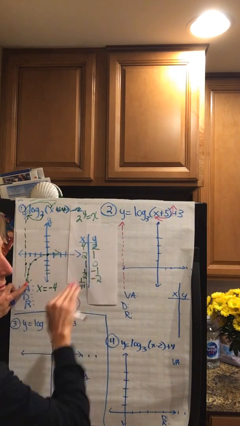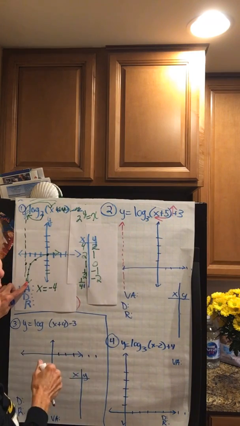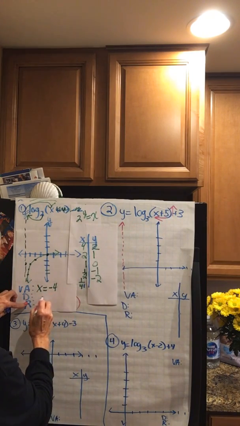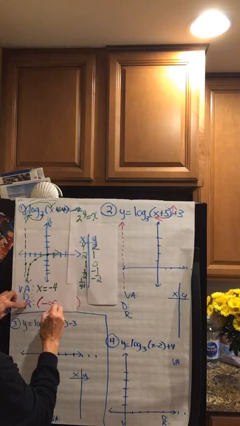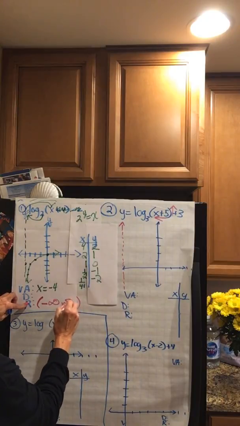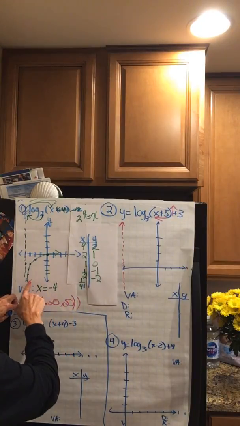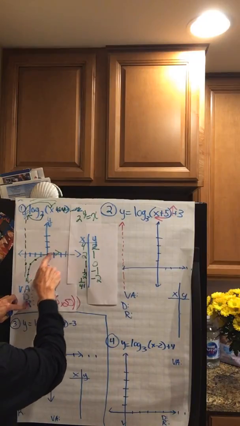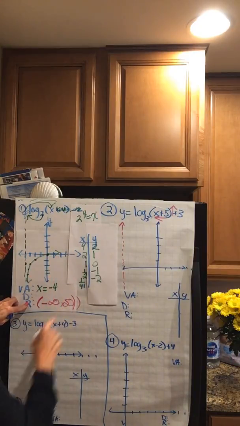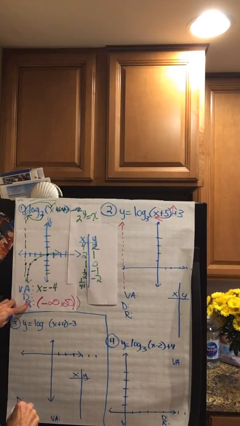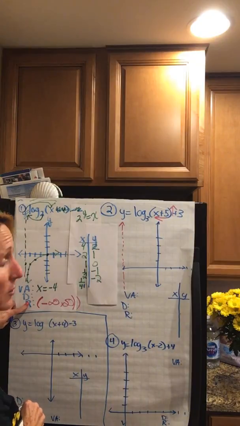Even though it looks like it's slanting, it's still slightly going up. So all your ranges now will be negative infinity to positive infinity, from lowest to highest. All your ranges for logarithms are like this.